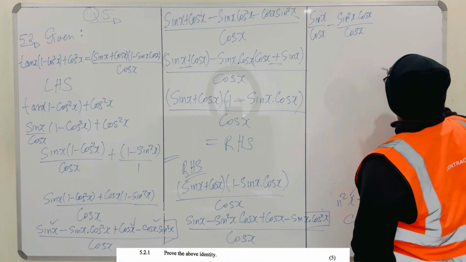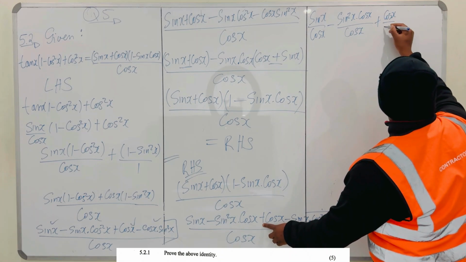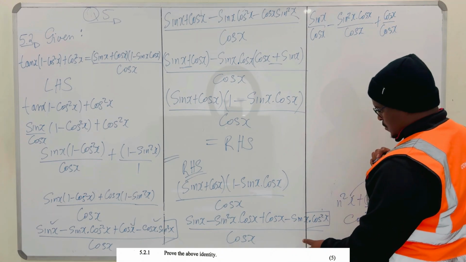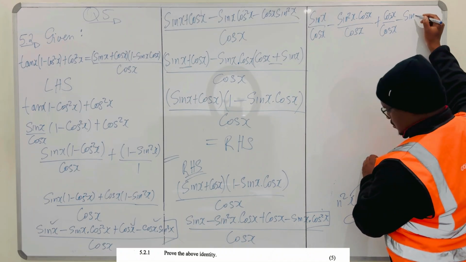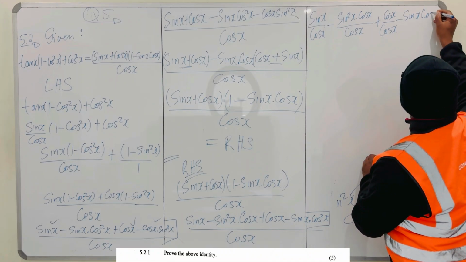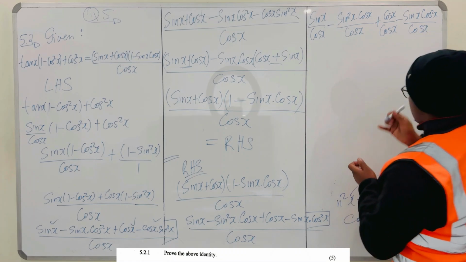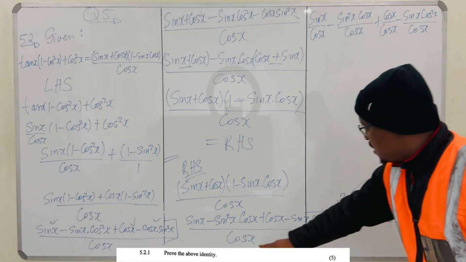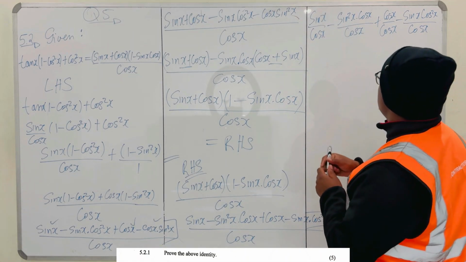No problem. We have plus cos x over cos x, right? And we have minus sine x times cos squared x all over cos x. This is what we have so far, because this cos x divides all of those things that we have up there.